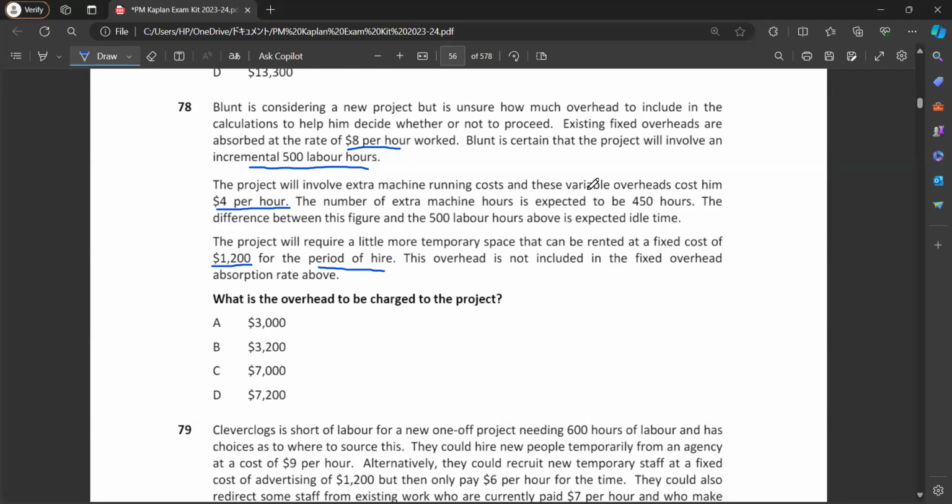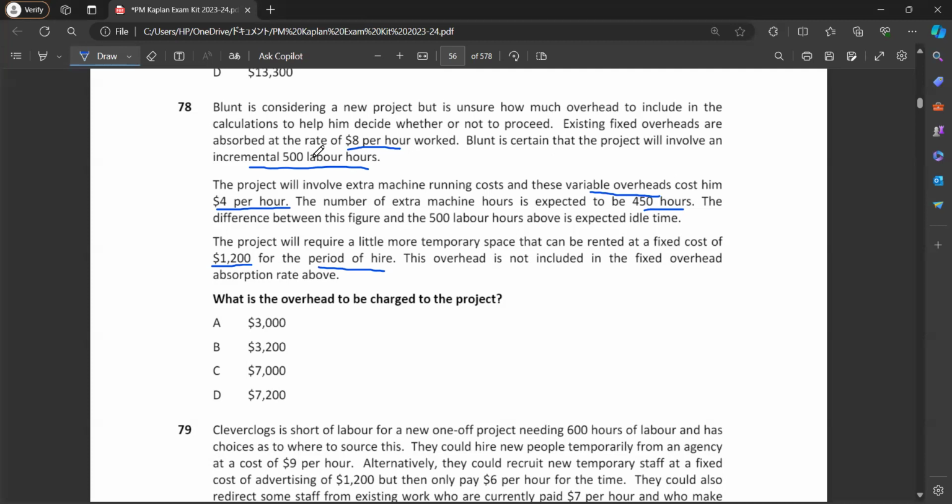Second part of it. Then we see that variable overheads cost him $4 per hour. The number of extra machine hours is expected to be 450 hours. The difference between this figure and 500 labor hours is expected idle time. See, there is an incremental number of labor hours that are required, 500 incremental labor hours.